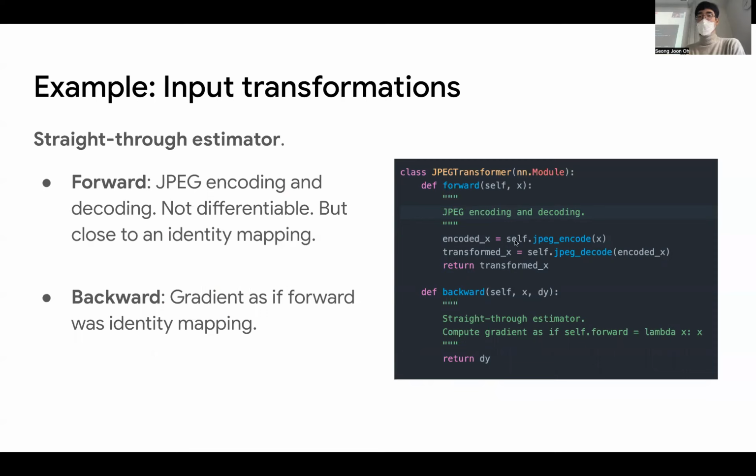So forward is JPEG encode and then JPEG decode, but you're overloading or overwriting your backward function by just saying, given the backpropagation from the next layer, you just pass that through the previous layer, and that's it. It doesn't depend on the input value X either.